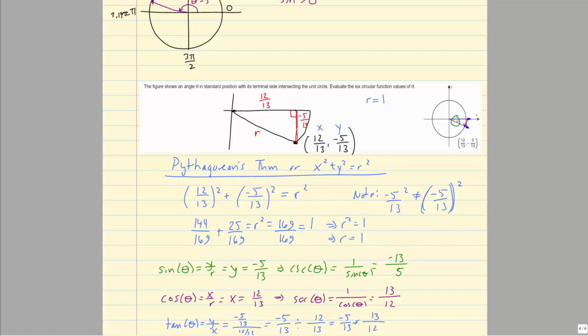Reciprocal would be 13 over 12. 13's canceled, I'm left with negative 5/12. Well, real quickly then, the cotangent would be the reciprocal of that, a negative 12/5. Okay, so this became really easy once I had a radius of 1. Not all of these will have a radius of 1, however, so you always need to check.